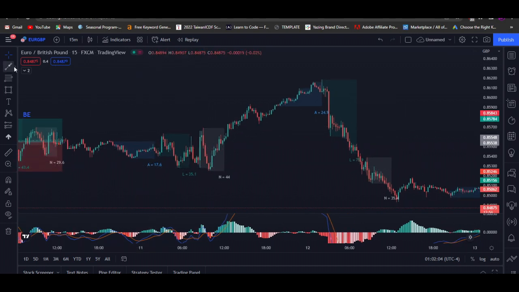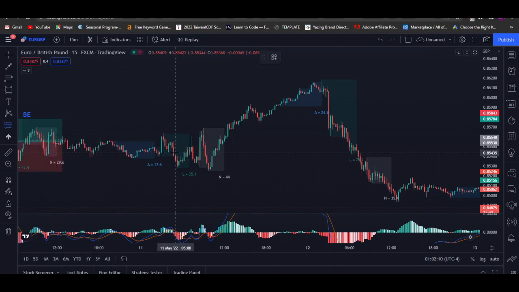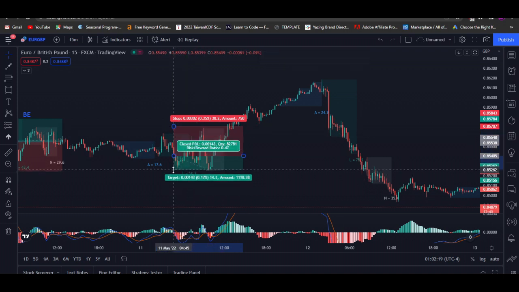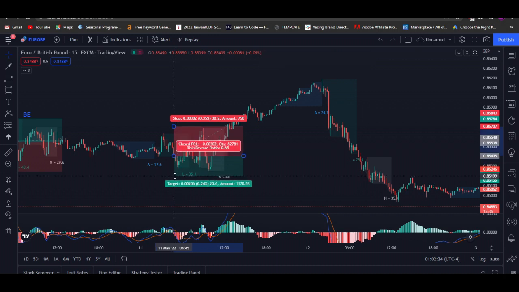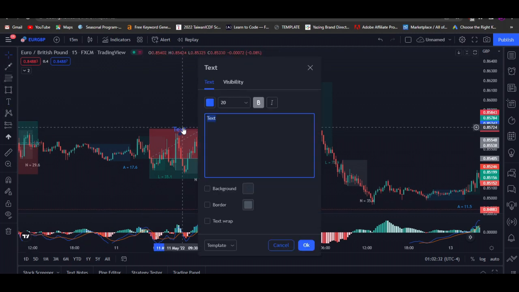So we go and we have a short, and the entry is right here. 30 pip stop loss, and price just came short of giving us 20 pips for a break-even trade. So this is a losing trade right here, unfortunately. So we have our first losing trade right here. We count it as a loss.